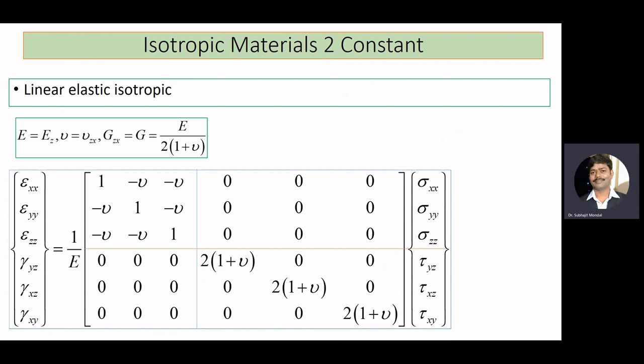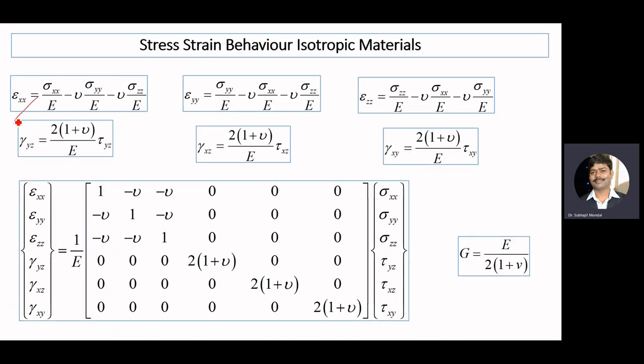Now, if you consider a fully isotropic material, in such cases our elastic constants can be reduced from 5 to 2. Here you can see that for a fully isotropic material, we can write our strain-stress relationship like this as per our generalized Hooke's law, in matrix form.